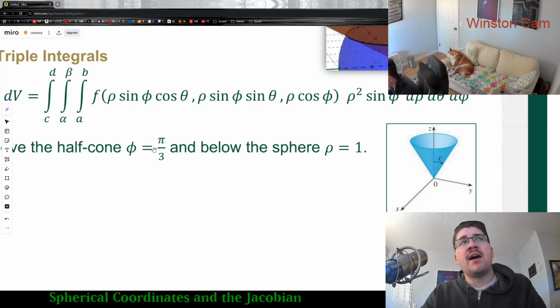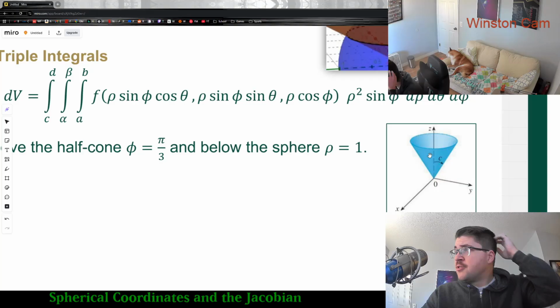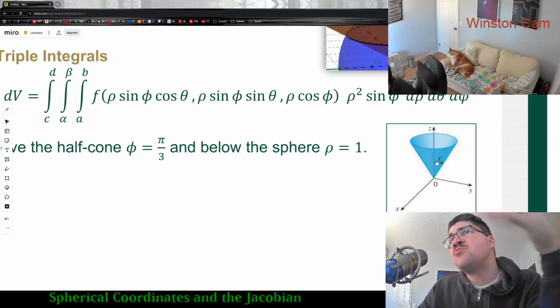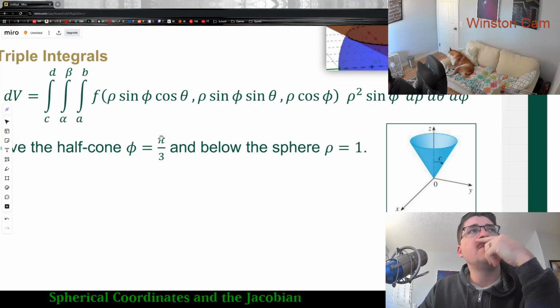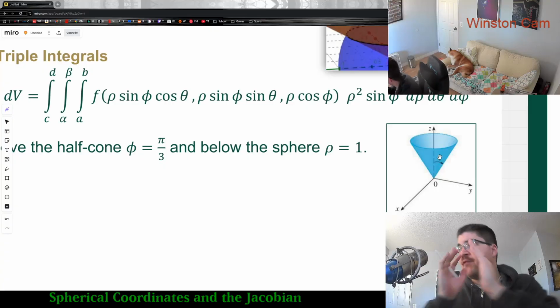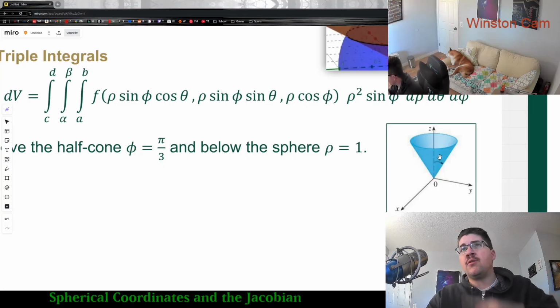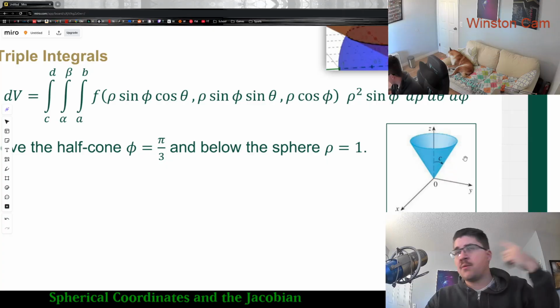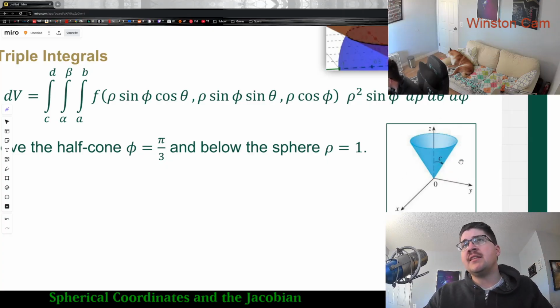If it's stuck on pi over 3, which would be 60 degrees, essentially what we get is a fixated region which must have a very specific angle to the z-axis. So in the cone presented in our lecture notes, it looks like maybe it's 20 or 30 degrees, but for pi over 3, we'd have essentially a 60-degree spread, and a fairly spread out cone. And since it's fixed for all other parameters, we would get essentially the equation of a cone.